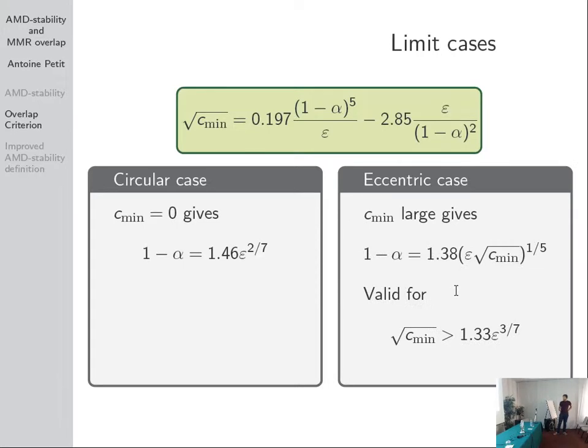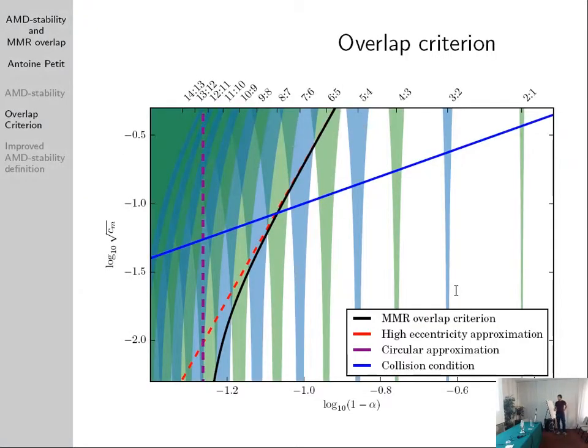And by assuming that c min is large, which is the hypothesis Deck made to obtain this criterion, we ignore the second term, and again solving this expression gives this value, which is also the criterion proposed by Deck. So we have an expression that is global and that finds the previous results that were proposed for the overlap of mean-motion resonances.